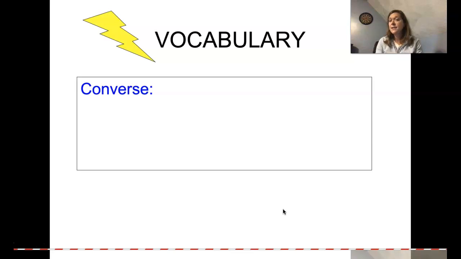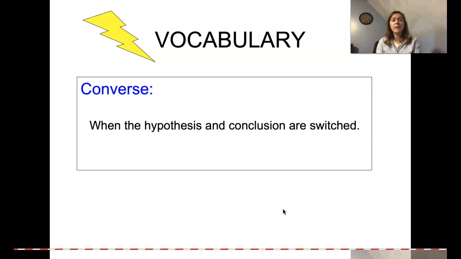All right, so then the last thing that we're going to cover in this section is what we call a converse. And a converse is just a manipulation of a conditional statement. So when you manipulate a conditional statement to make a converse, you're going to take the hypothesis and the conclusion and switch them. So a converse is when the hypothesis and conclusion are switched.